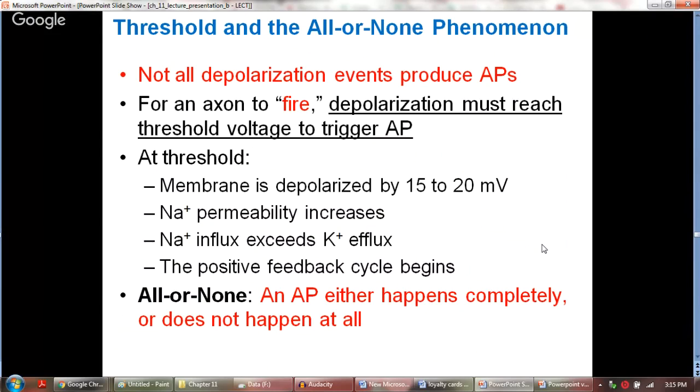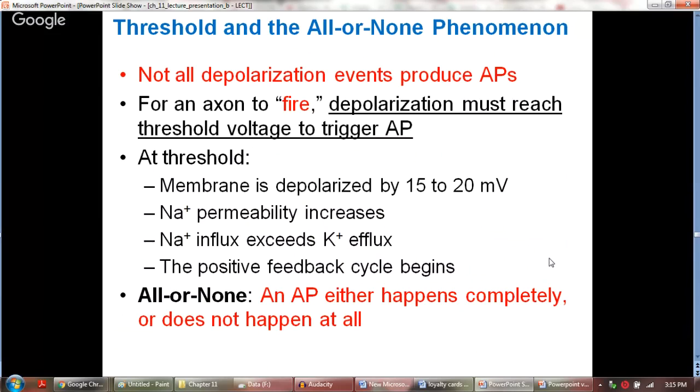The other important concept is that not all depolarization events produce an action potential. For an axon to fire, depolarization must reach a threshold voltage to trigger an action potential. At threshold, the membrane is depolarized by 15 to 20 millivolts, sodium permeability increases, sodium influx exceeds the potassium efflux, and the positive feedback cycle begins.